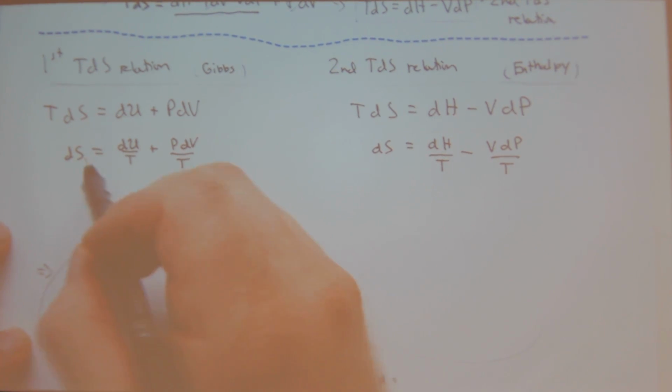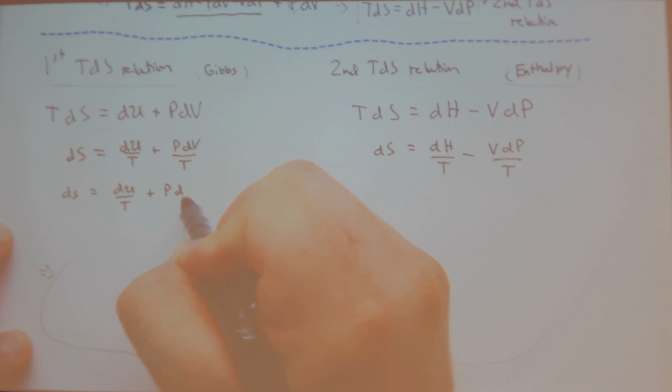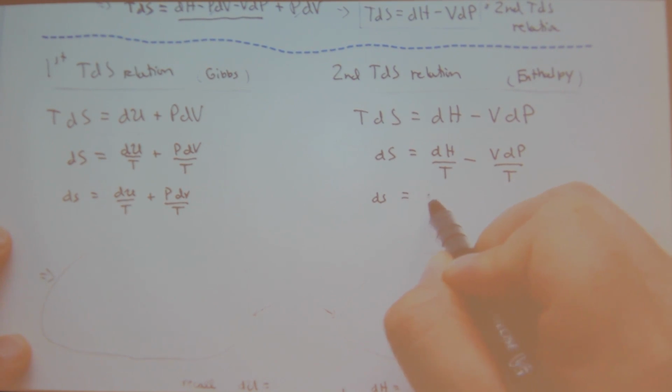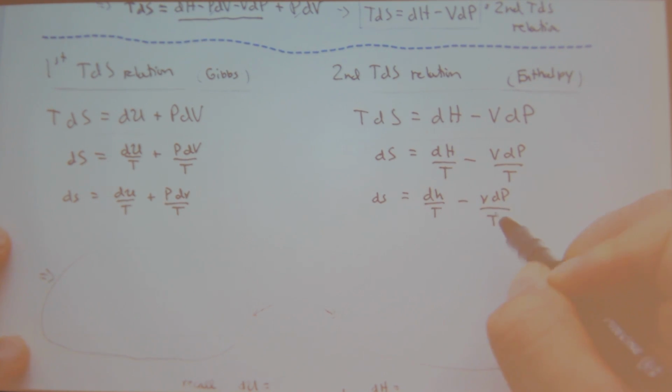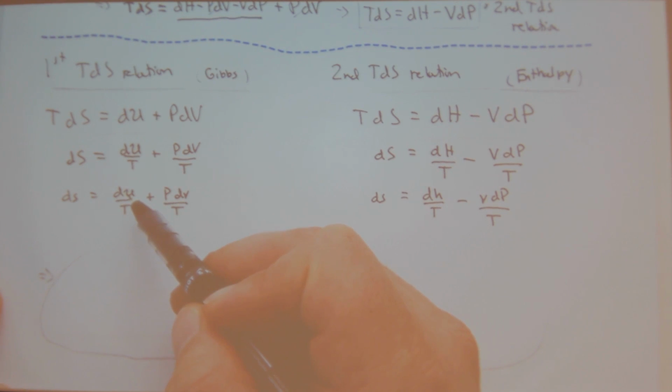Now these are big S's, so I can do the same thing and make it small s's. d small s equals d small u over T plus P d small v over T, and likewise d small s is equal to d small h over T minus small v dP over T. Let's write this in integral form, because this is a differential change in entropy, a differential change in internal energy.